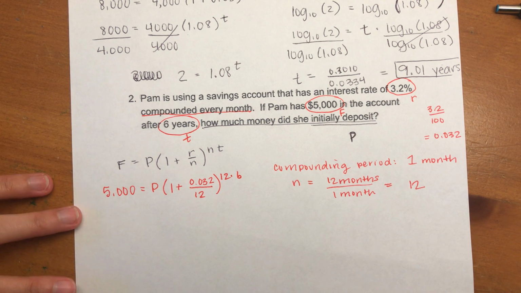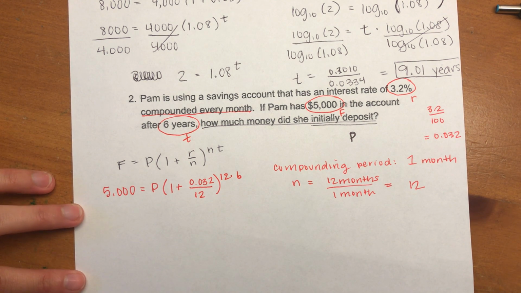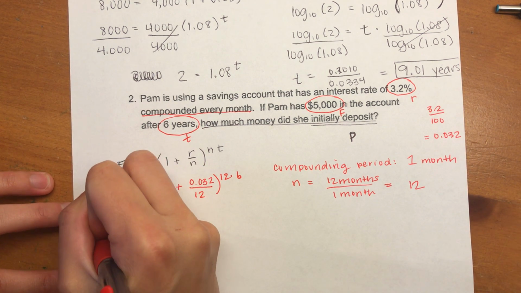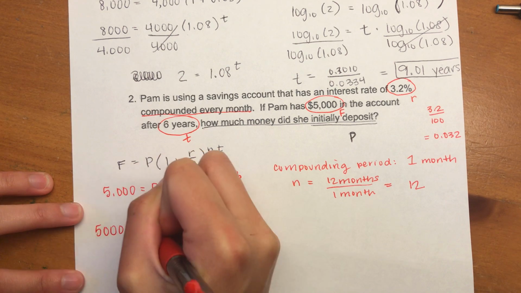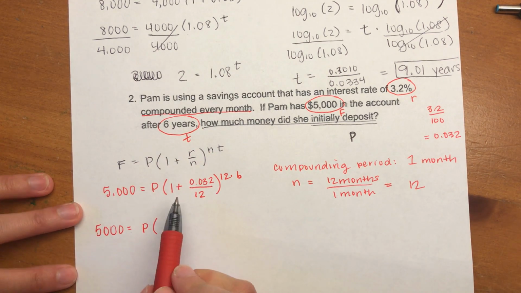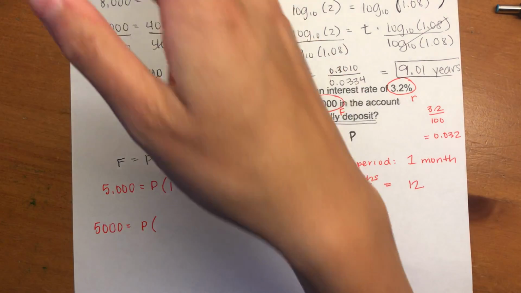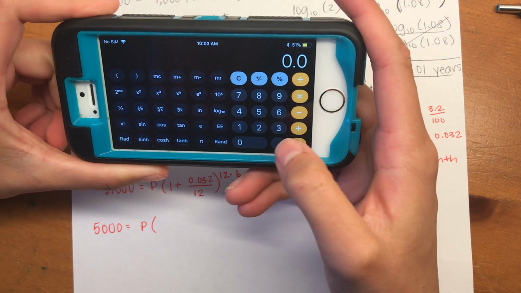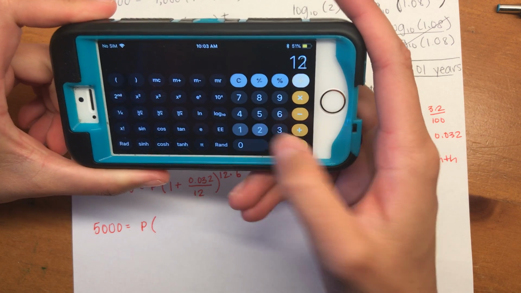So let's use order of operations and simplify wherever we can. Okay, so 5,000 won't change. And then P, and then I'm going to say, okay, 1 plus 0.032 over 12. So I really need to do 0.032 divided by 12.